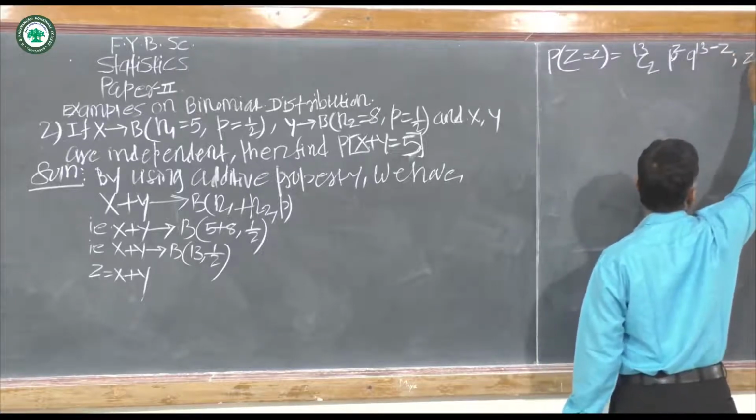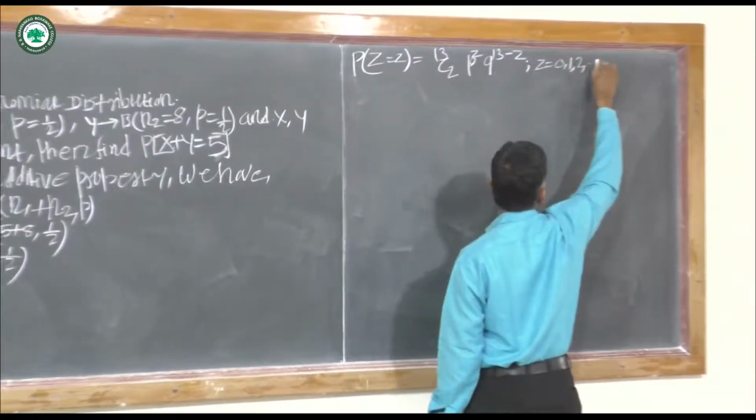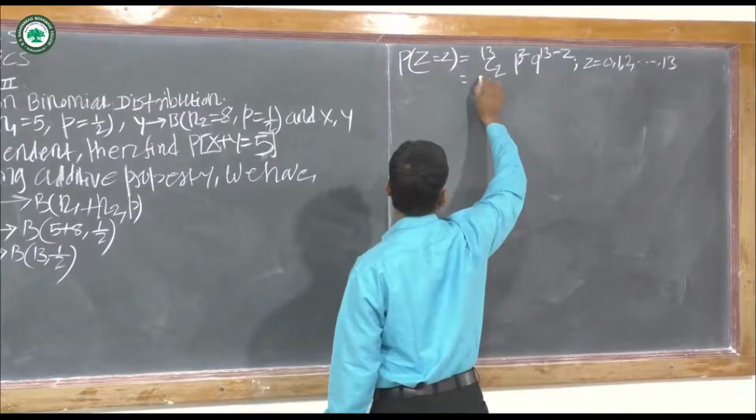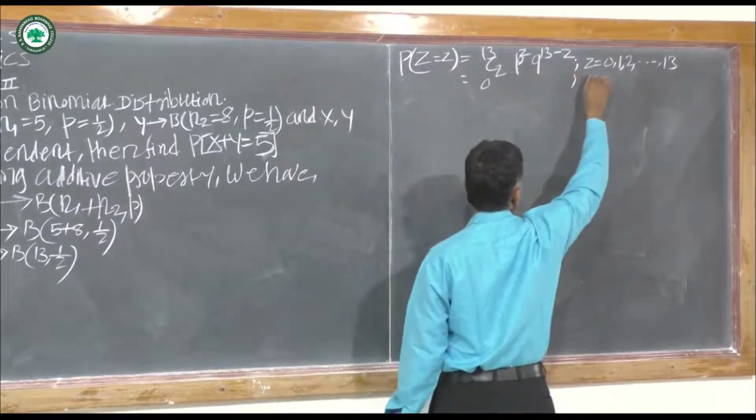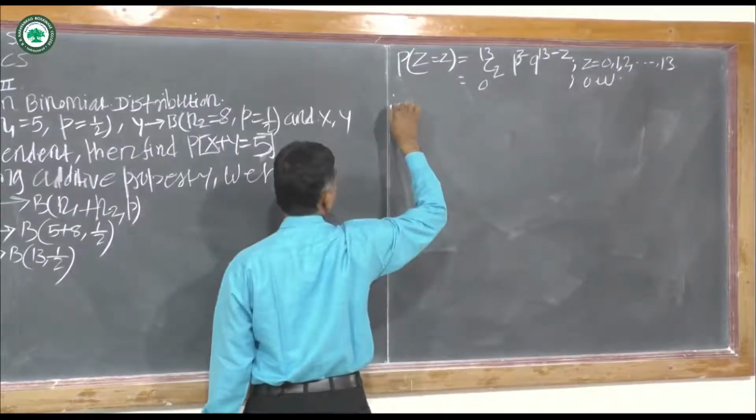Here z takes values 0, 1, 2 up to 13, 0 otherwise.